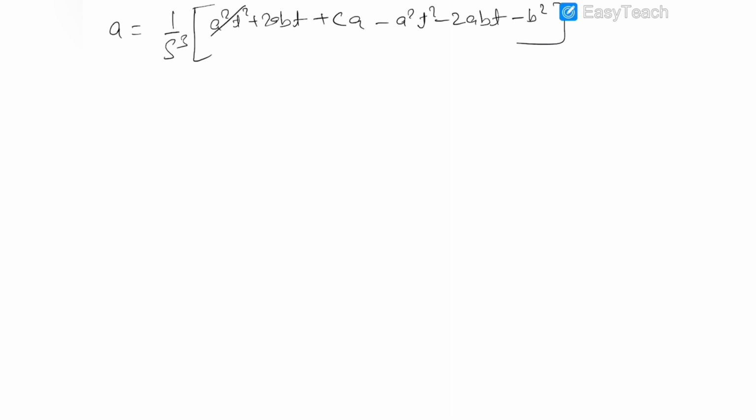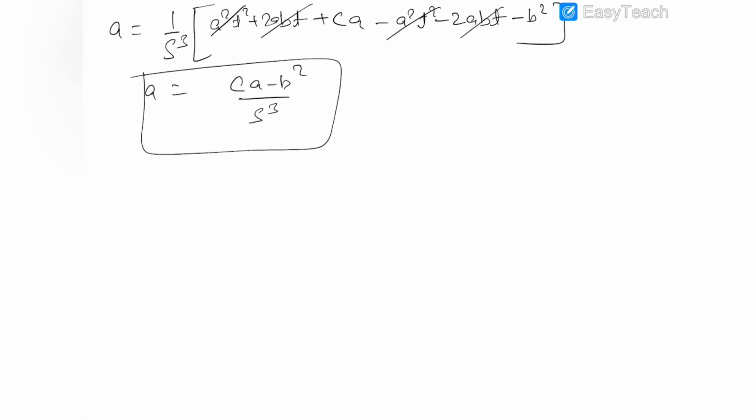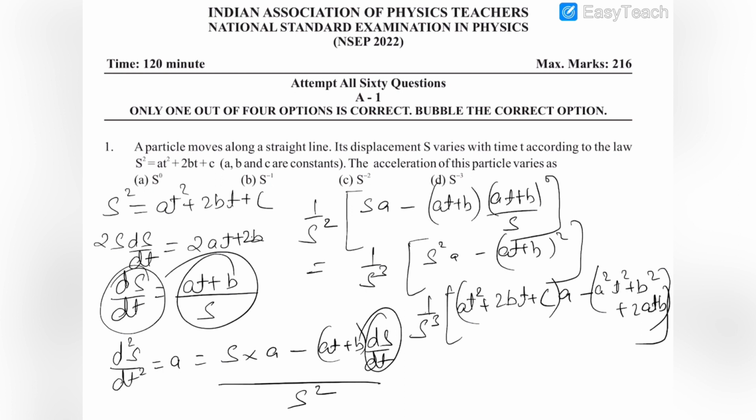So these terms cancel out, and A will be equal to CA minus B square by S cube. So you can see that acceleration is inversely proportional to S cube. So the correct option will be option D.